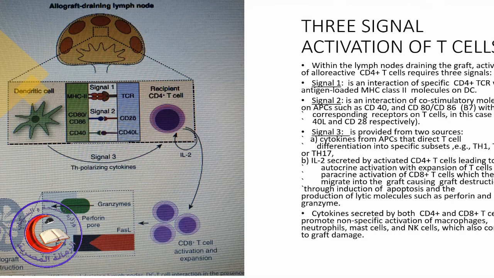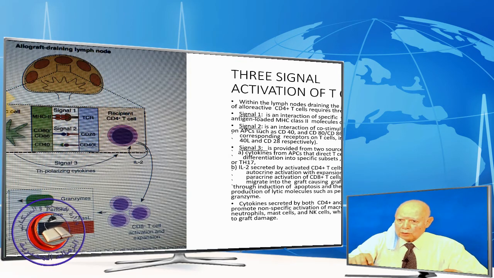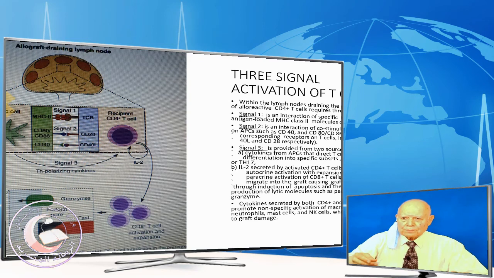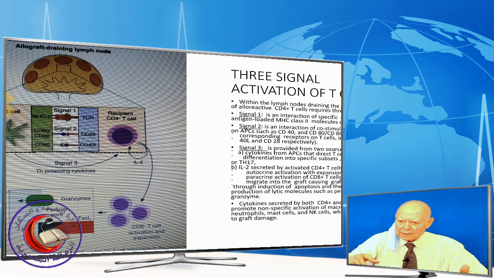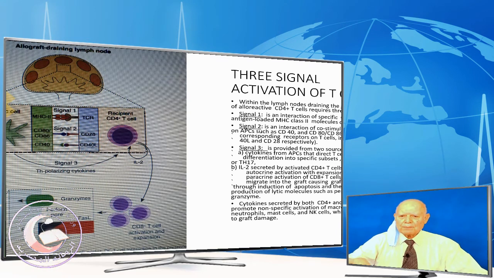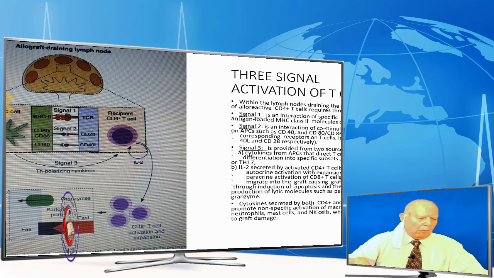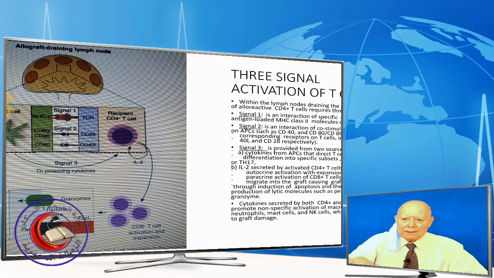Signal 2 is an interaction of co-stimulatory molecules on the antigen-presenting cells such as CD40 and CD80, CD86, also called B7, with corresponding molecules or receptors on T cells, in this case CD40L and CD28 respectively.